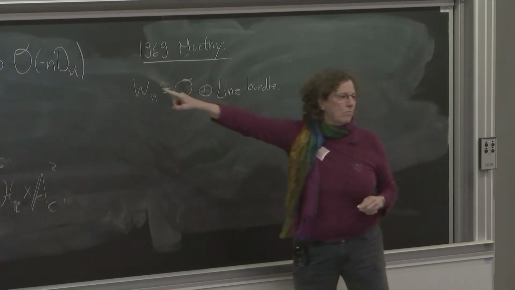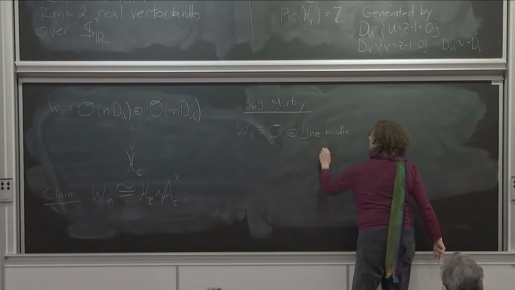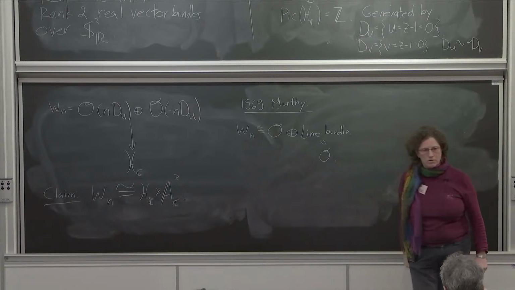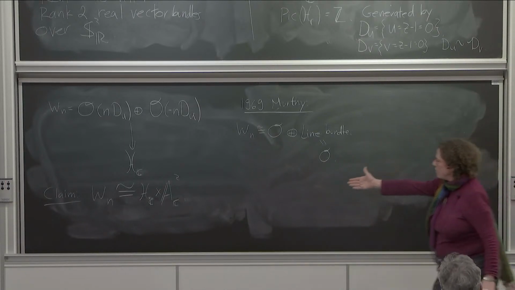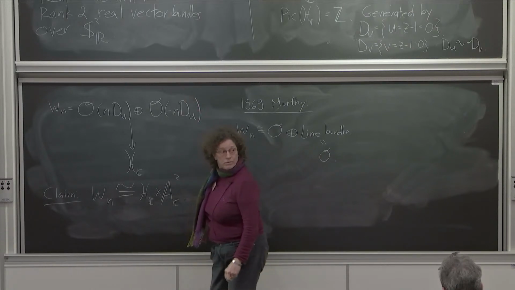But if I look at the determinant, it is 0, so this line bundle is trivial. So that is a trivial bundle.